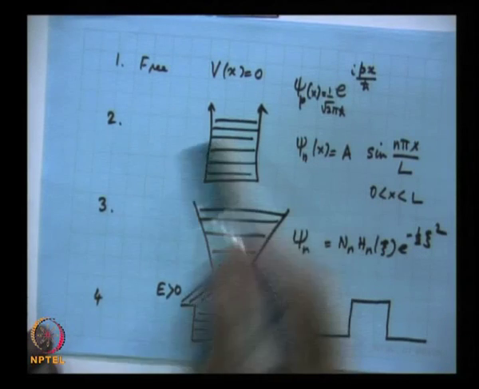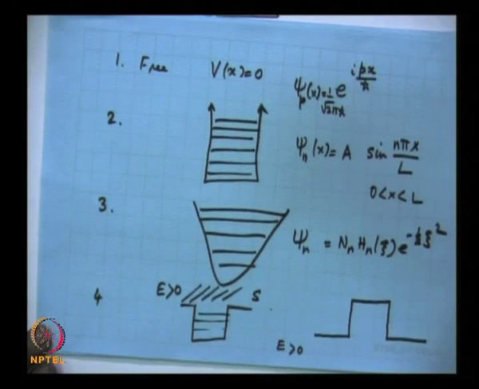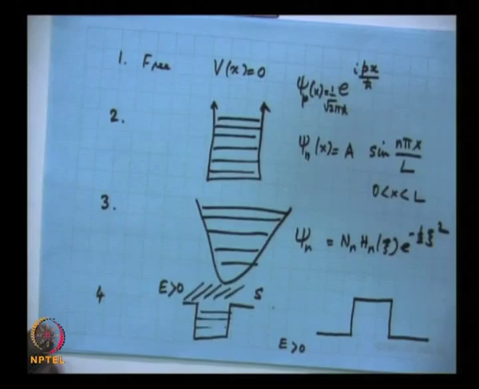For example, in the case of the harmonic oscillator problem, or a particle in an infinitely deep potential well, there are no scattering states. So, this almost completes the analysis of one dimensional problems.